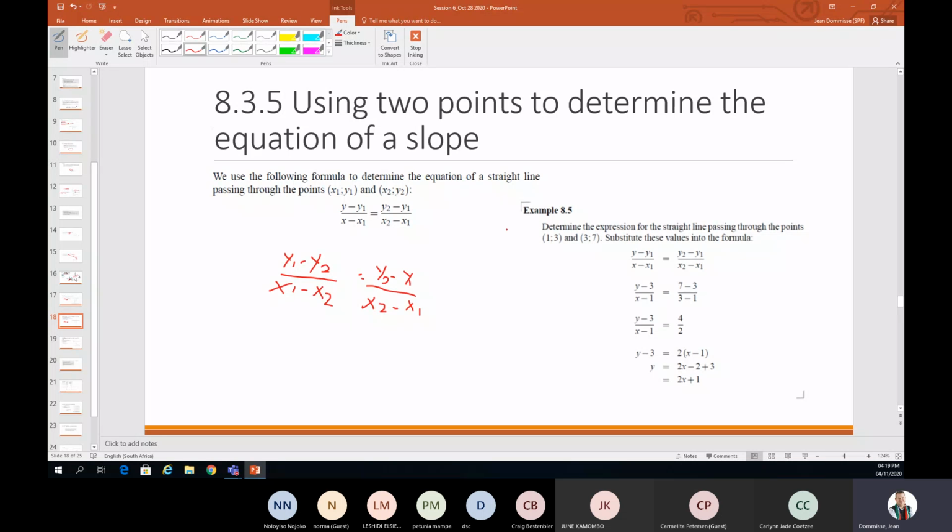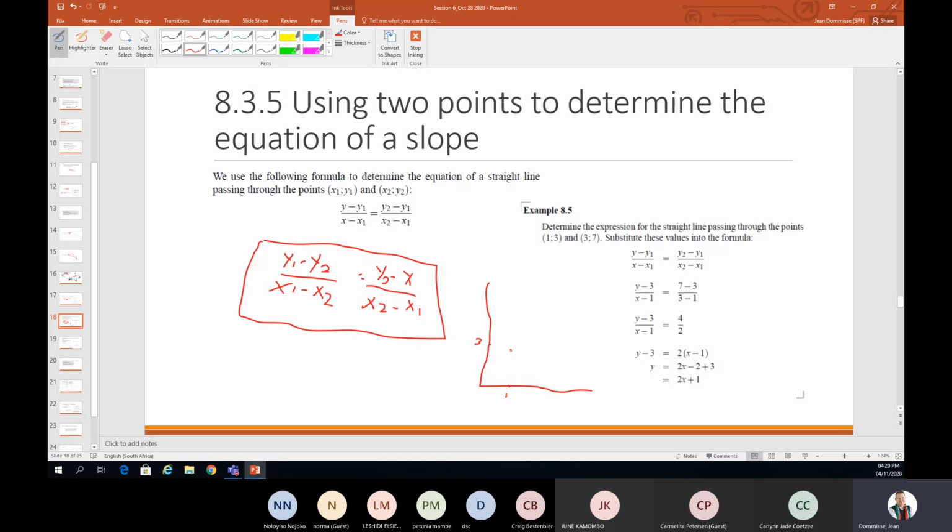So what they are giving us here is they want us to determine the expression for the straight line passing through these points. Okay, so let's say that is my graph. I've got a point x equal to 1, there it is 3.